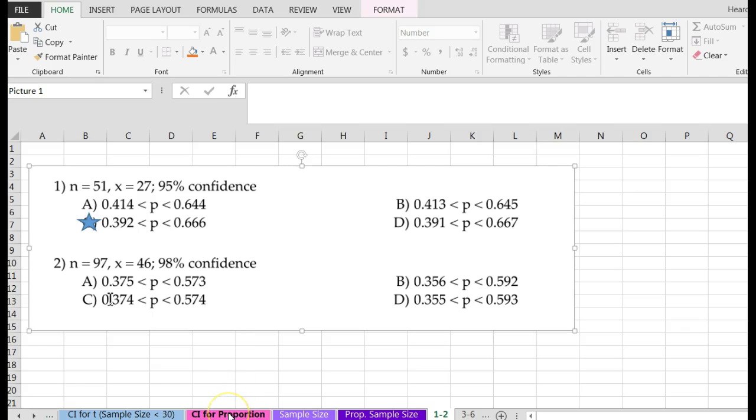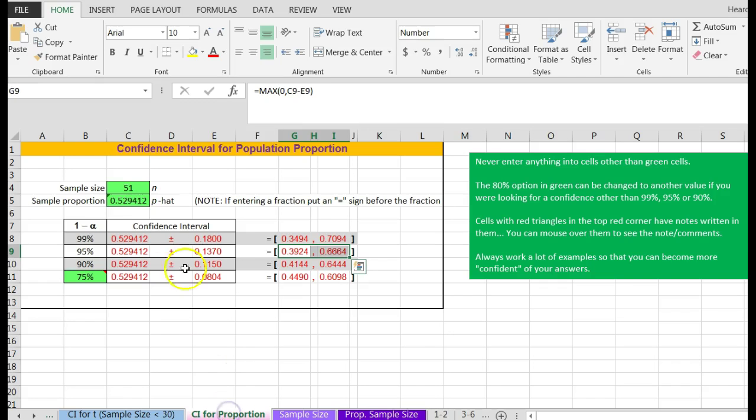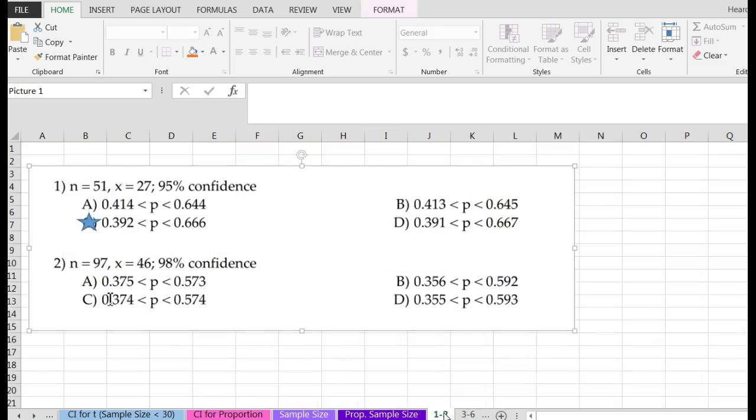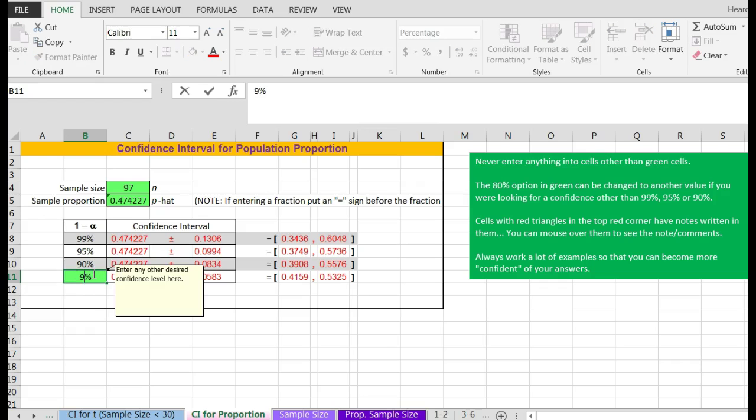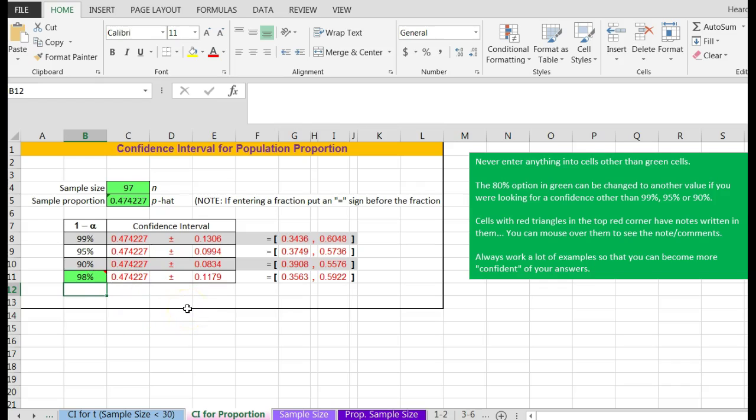So I'm going to go down to the confidence interval for proportion. 97 is the sample size, and I always forget, I have to look back and forth. 46, so 46 over 97, so I'm going to type equals 46 divided by 97, bazinga. And they want the 98% confidence interval. We've got 99, 95, 90. I'm going to have to type it in, and you know we can do it. 98%. Click the enter button and yell bazinga.